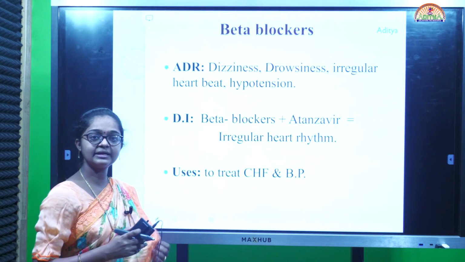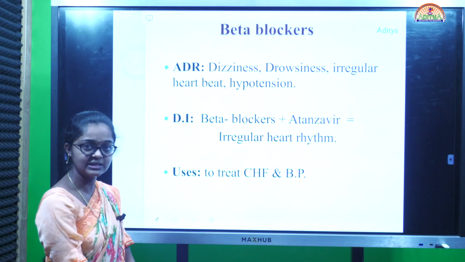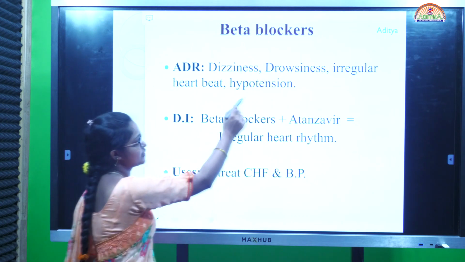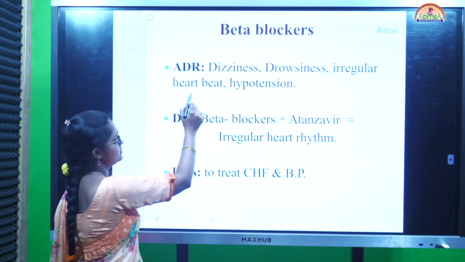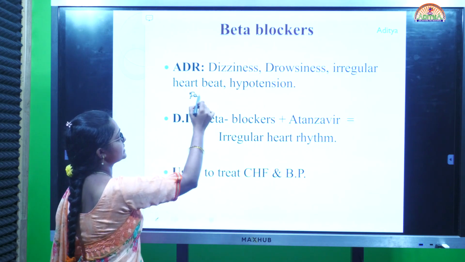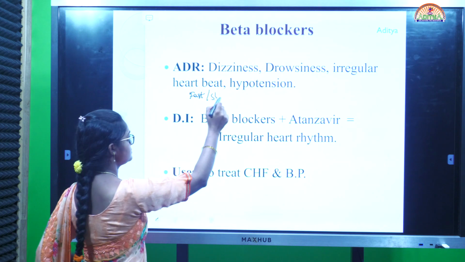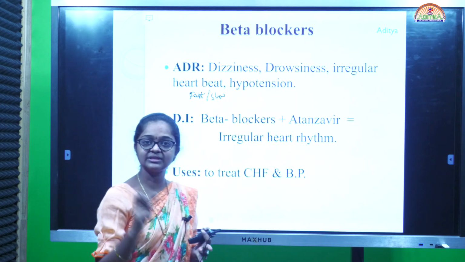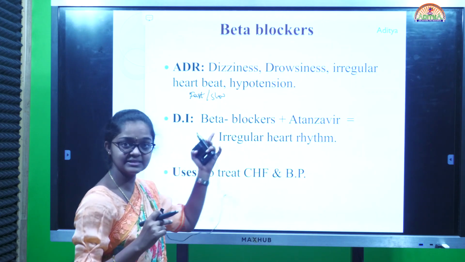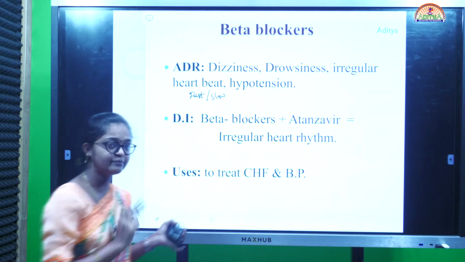Next, adverse drug reactions include dizziness, drowsiness, irregular heartbeat, which means a fast or slow heartbeat, and changes in blood pressure, that means hypotension.